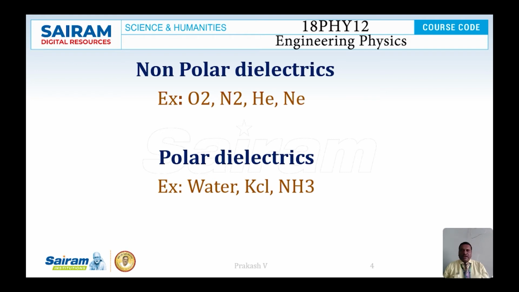And let us concentrate on what polar dielectrics or polar molecules are. If the center of gravity of the positively charged nuclei and the electron cloud do not coincide, such molecules are called polar molecules. For example, water, KCl, and NH3. These are all examples of polar molecules or polar dielectrics.